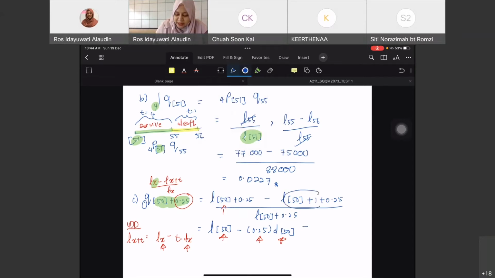So we can put it together because the select life table includes the first 3 years. So l[51]+0.25. I put it here.